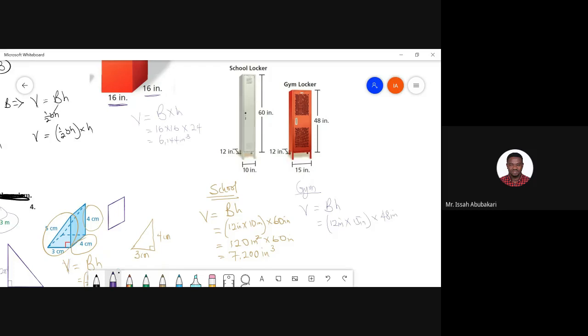So the base area is 12 inches multiplied by 15 inches, which is 180 inches square, multiplied by 48 inches. And the final answer should be what? 8,640 inches cube.